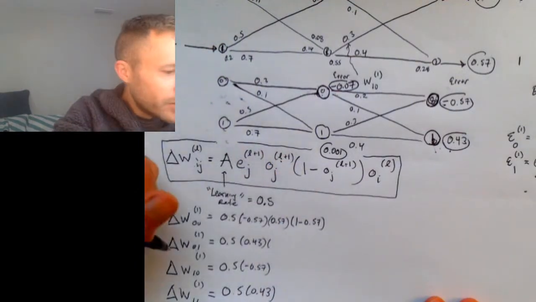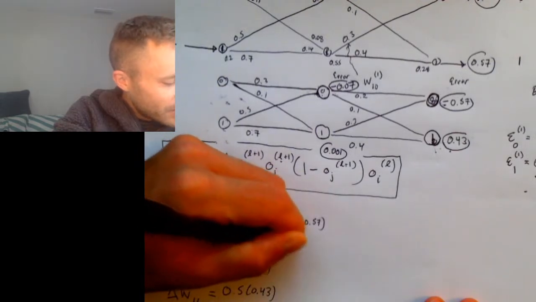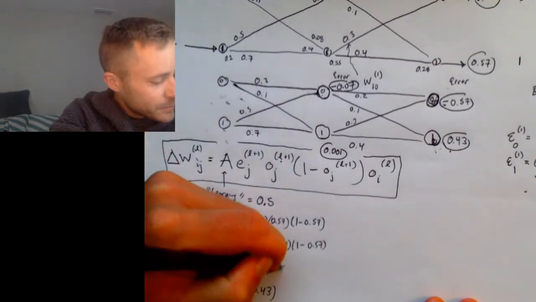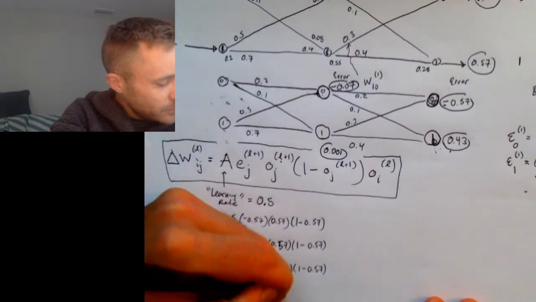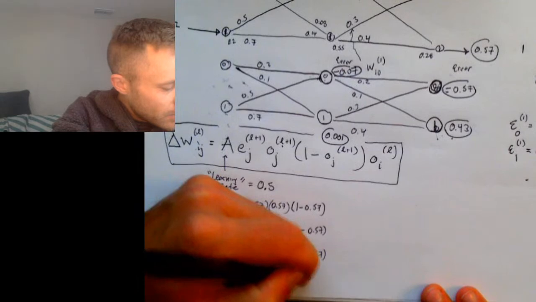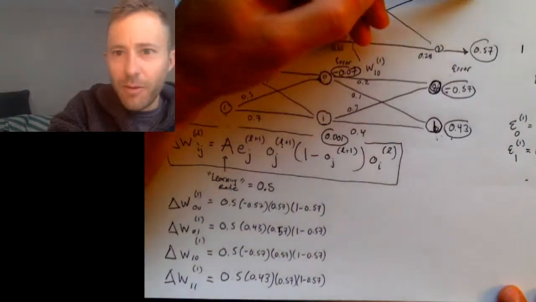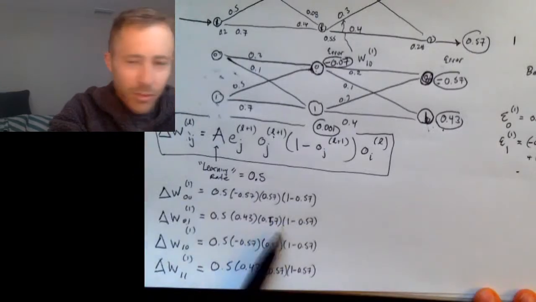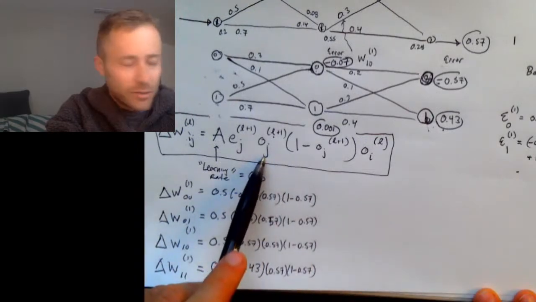Actually all these are going to be the same, and the reason is that the output was the same for both neurons. Otherwise you'll have a different one in each, because it does depend on J.